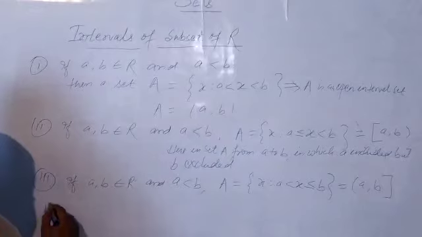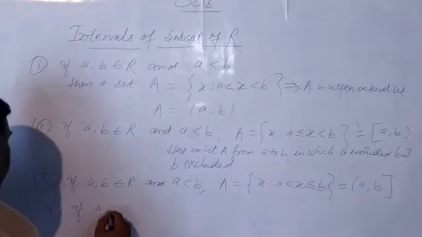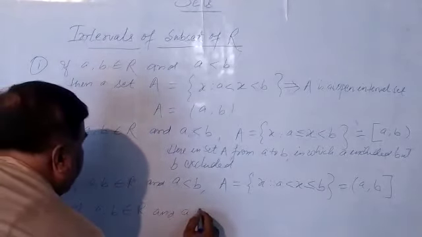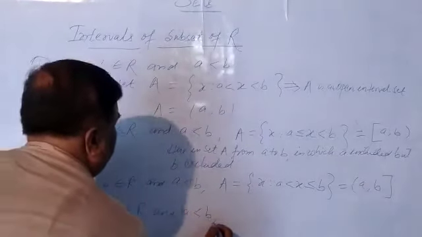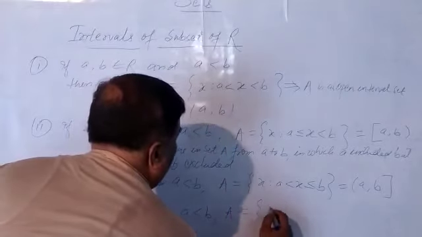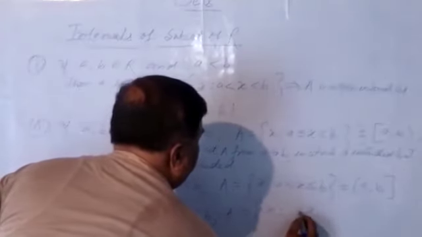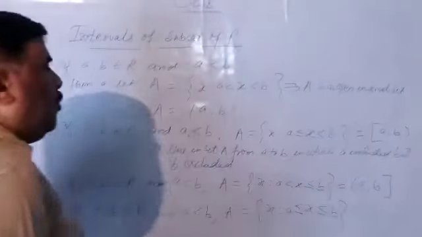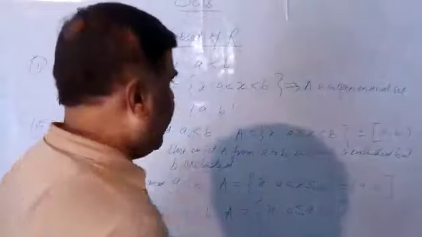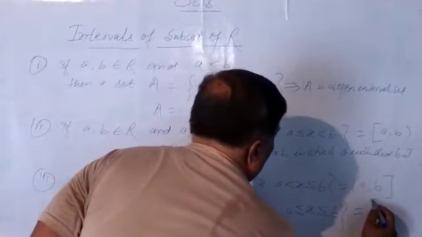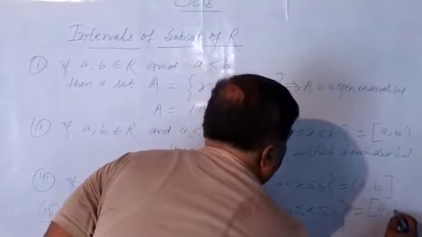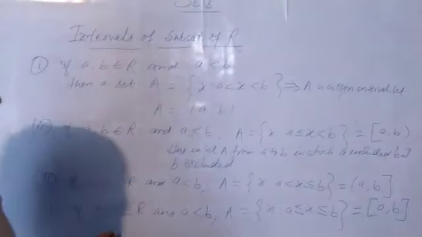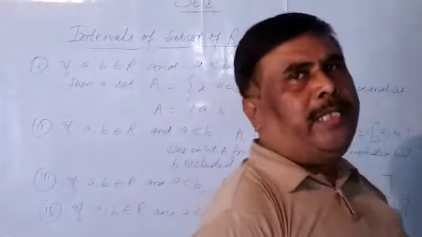And the last, fourth set: if a, b belong to R and a is less than b, then A is the set of all x such that x is greater than or equal to a but less than or equal to b. Here both ends are included in this set, and we write this with the symbol [a, b]. Okay, these four sets are four different types of intervals.